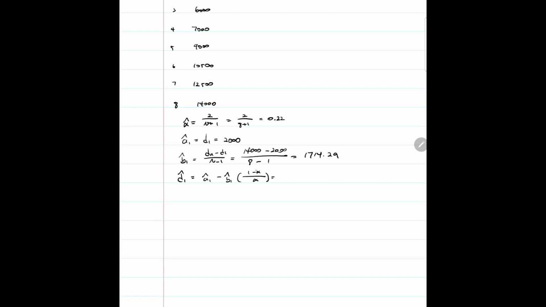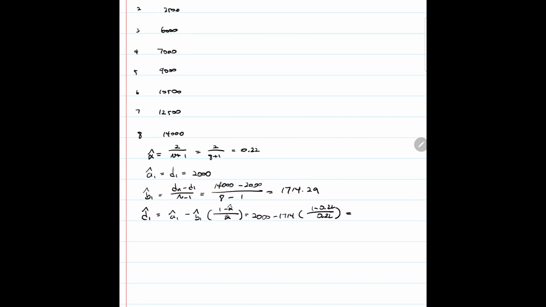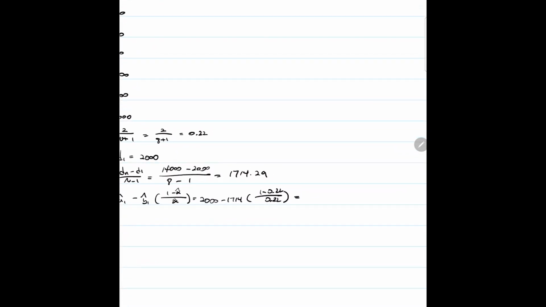We need a hat here. So 10 times, okay, so this value come out to be negative 4077.92.